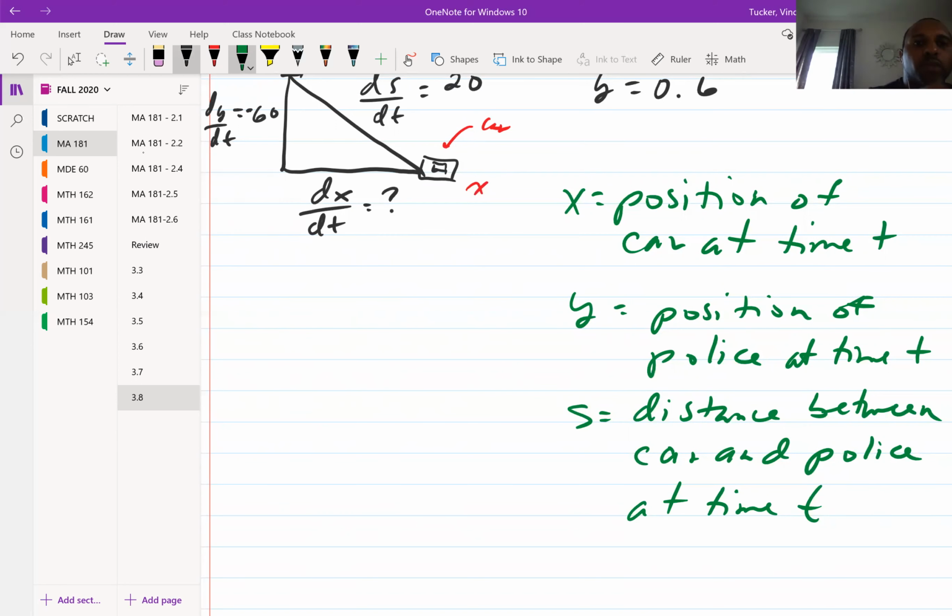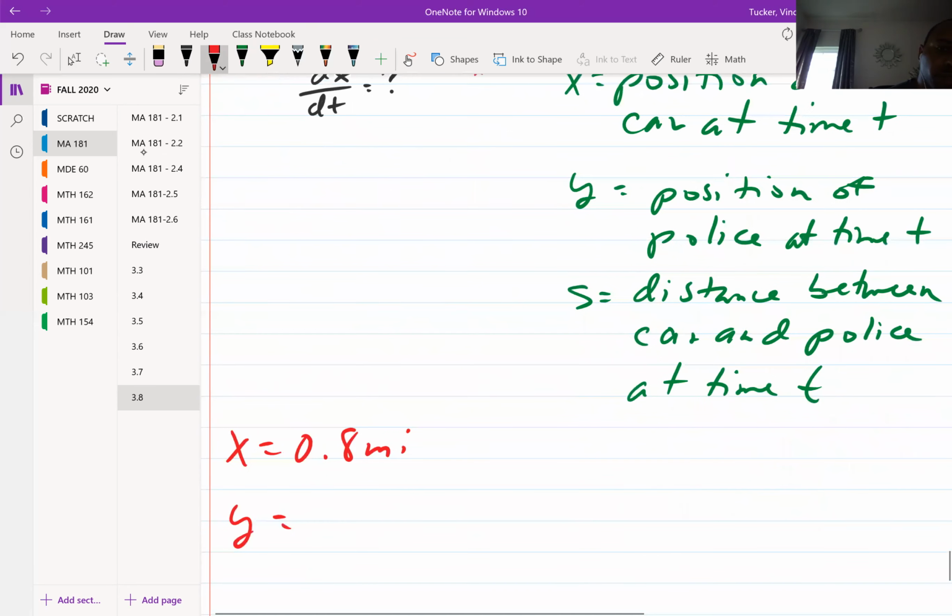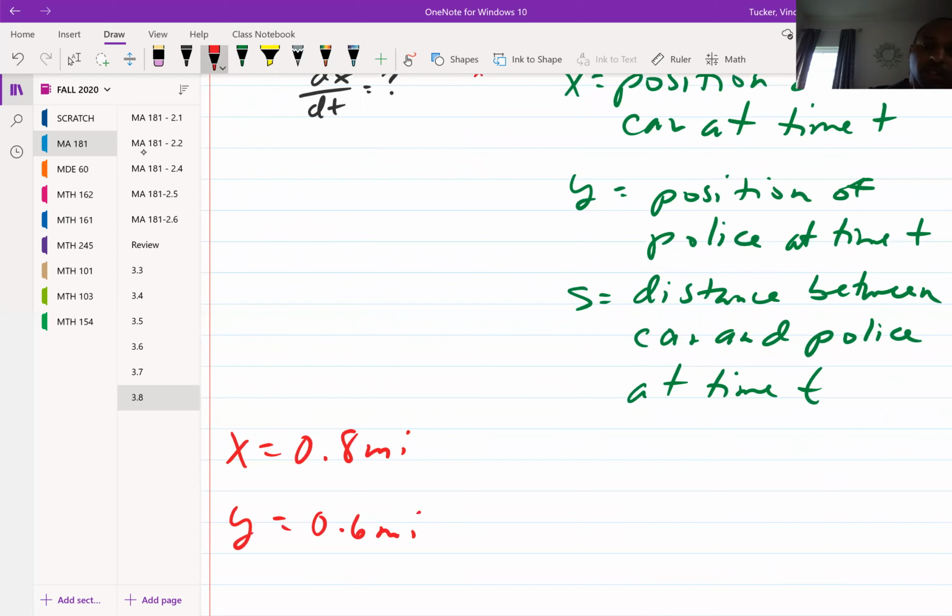So the relationship or the formula that we could use is a distance formula. Well, we can go ahead and make sure we write this out. So we know that x is equal to 0.8 miles, y is equal to 0.6 miles.